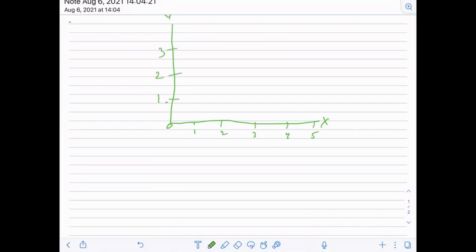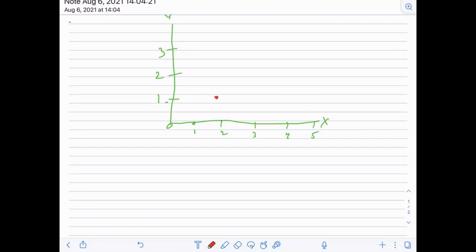If we look, for example, when my x was 1, what was my y? My y was 2. When my x was 2, my y was 1.